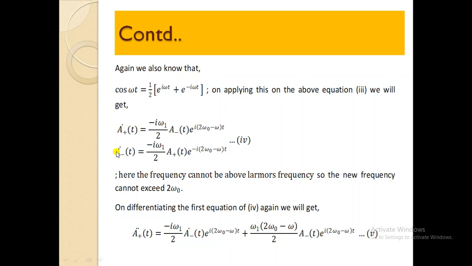On differentiating the first equation of IV, what will we get? a_plus double dot(t) equals, and this term is constant and this varies with time, so we have to take the derivative of both terms: minus iω0/2 a_minus dot(t), and another the same. We keep this the same and differentiate this.